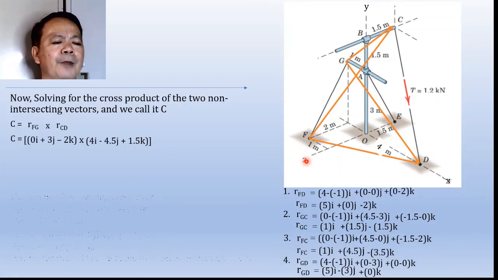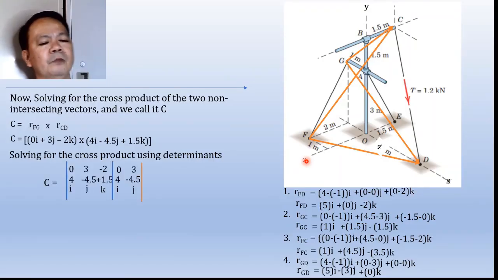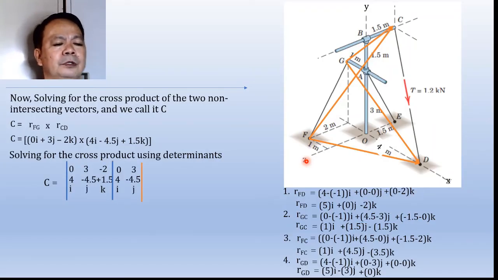And so when we apply the third order determinant to solve for C, what shall we do? C shall be equal to the determinant, where the first row of the determinant is actually the first element of the cross product.